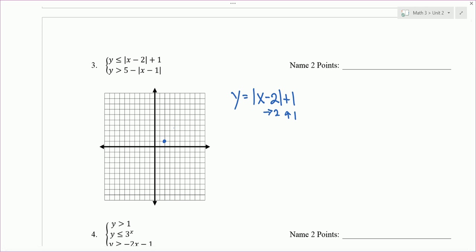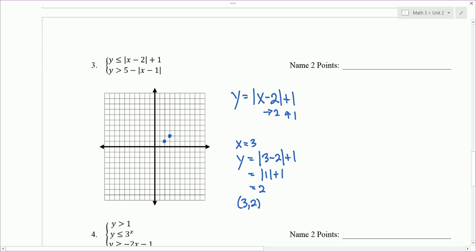And then let's get another point. Maybe plug in x equals 3. And we get y is the absolute value of 3 minus 2 plus 1, which ends up getting me 2. So we plugged in a 3, got 2, plot that point at 3, 2. That's the right side of your V shape.